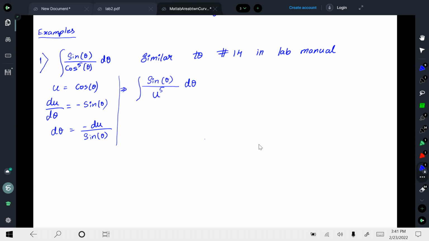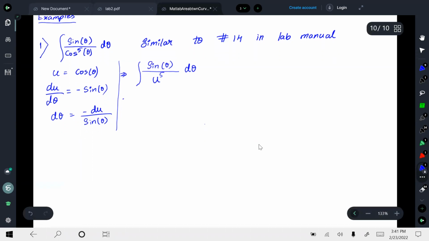Oops, I have what is called d theta. So d theta will be du divided by sine of theta. And I can cancel sine of theta in the numerator and in the denominator. So, keeping the negative outside, I will get 1 by u to the power of 5 into du, right?